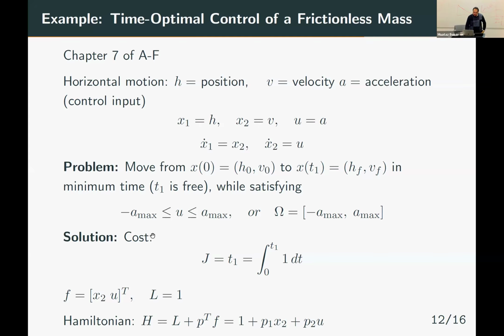Okay? So the cost function here is only time, right? Which, as we mentioned last time, you can write as the integration from 0 to t1 of 1 with respect to time. Notice in the cost function, there is no mention of the boundary, no mention of constraints, and no mention of the particular points we want to move the system from and to.